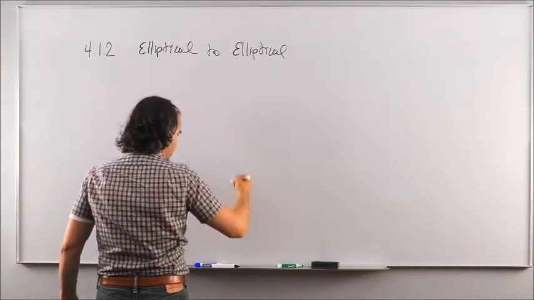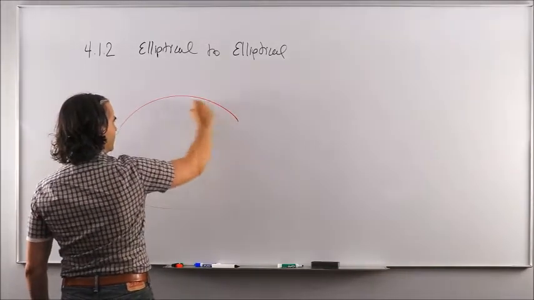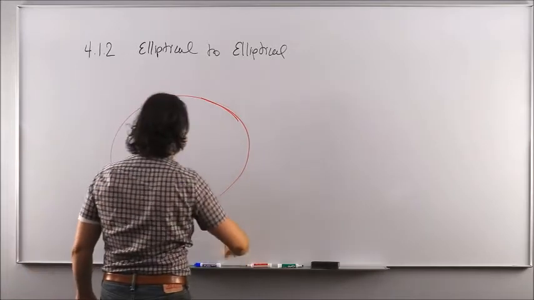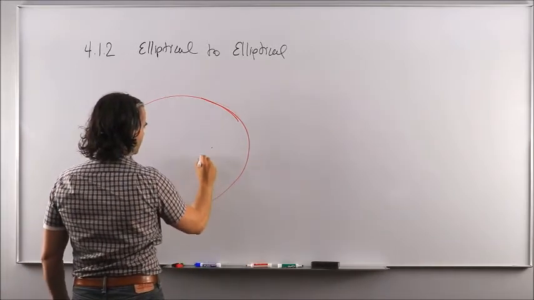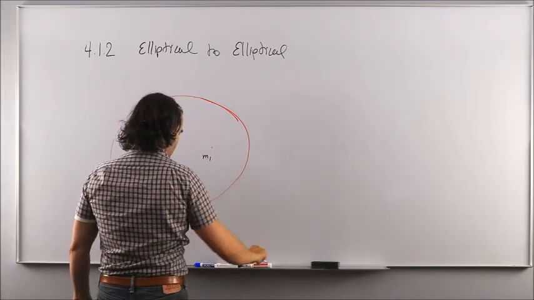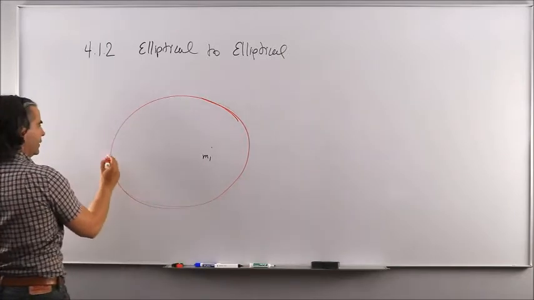So here, arbitrarily, I'm just going to pick one case. So say I have a big initial elliptical orbit, M1, and let's pretend I applied the burn at the apogee here.